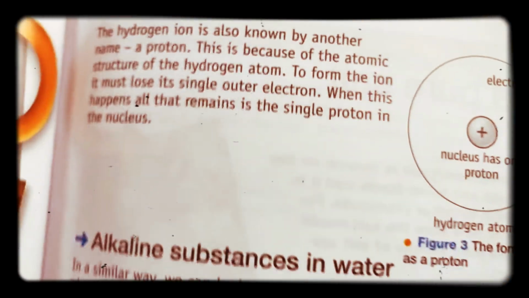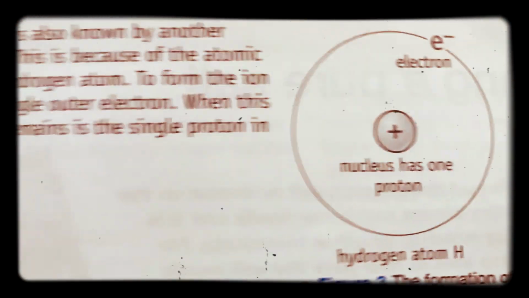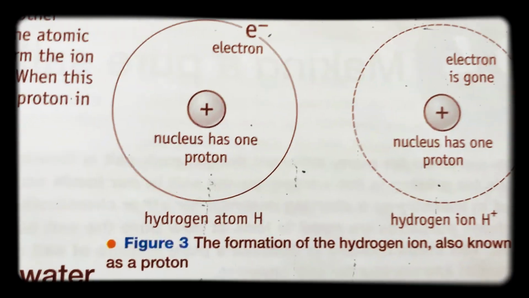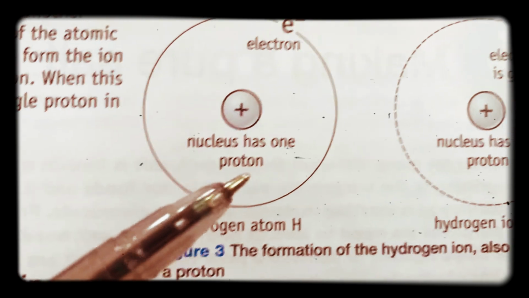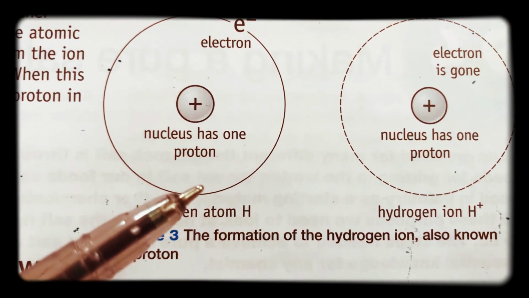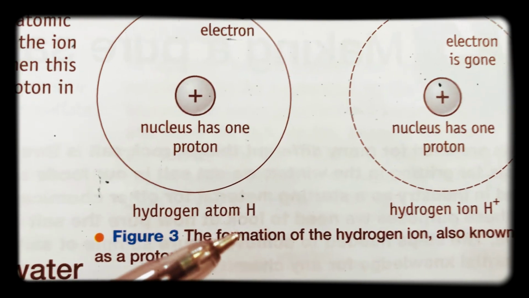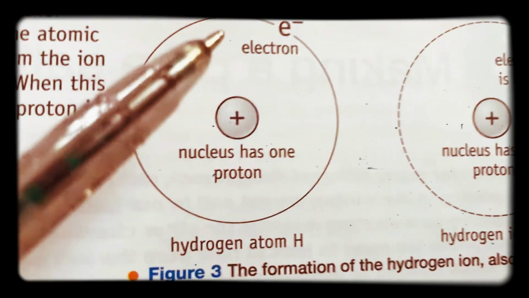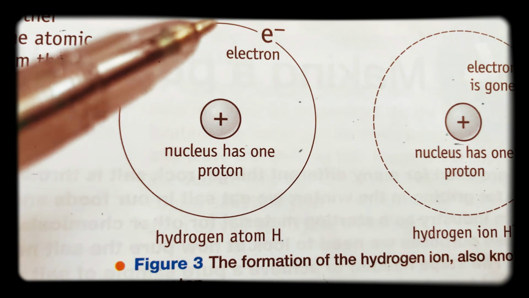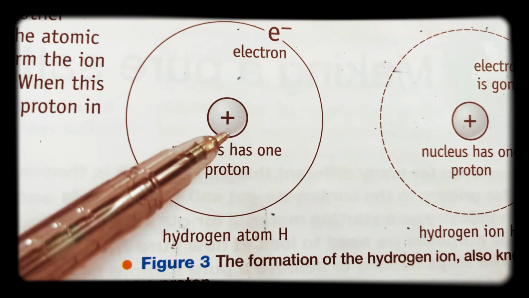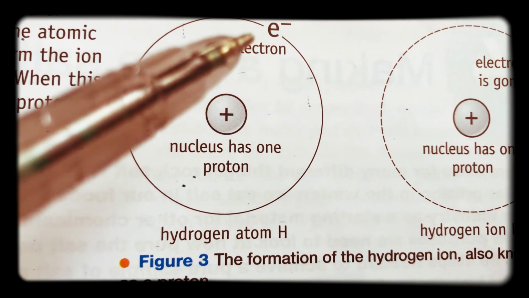Now, the hydrogen ion has another name. It actually has the name proton. Now, this is because, and we think back to what we studied before with the structure of the atom, when you have a hydrogen atom, you actually have a single proton in the middle of the nucleus and you have an electron on the outside.